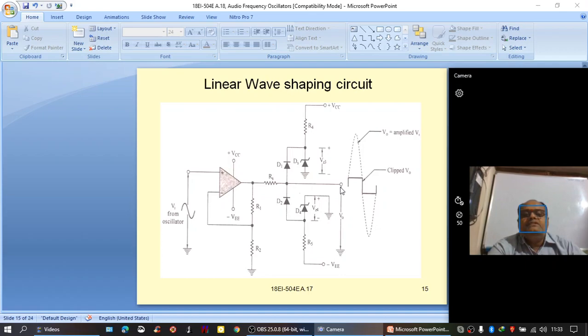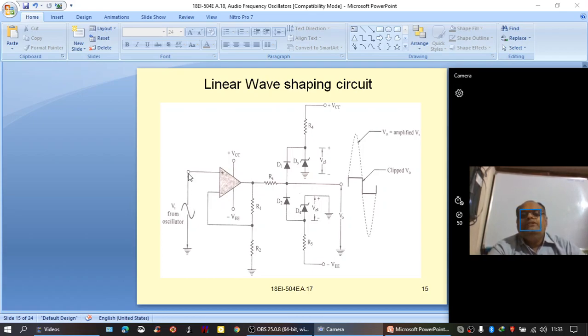So the voltage here is VD2 plus VZ4. VD2 generally would be equal to VD1 and VZ5 would be generally equal to VZ4. So we can say that the output voltage swing here is plus or minus VD plus VZ. Now let us see what happens here.